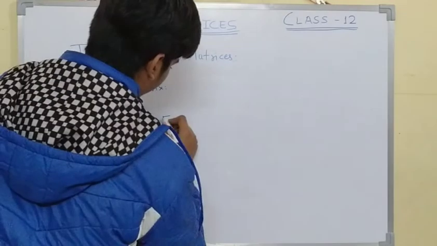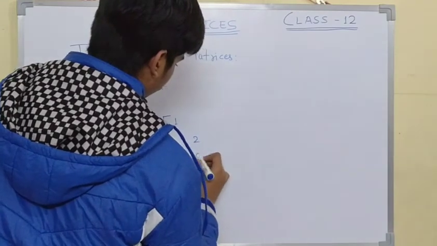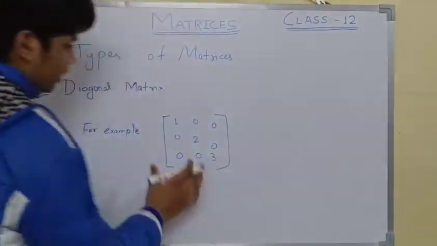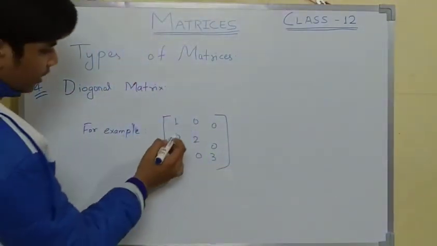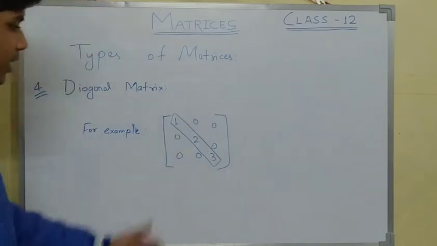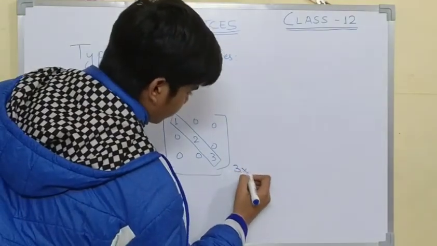For example, 1 2 3. This is a diagonal matrix. Here we can clearly see that the elements are present diagonally. So this is a diagonal matrix of order 3 into 3.